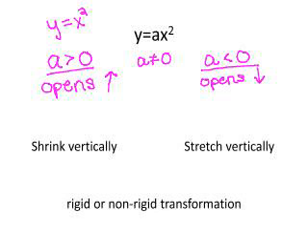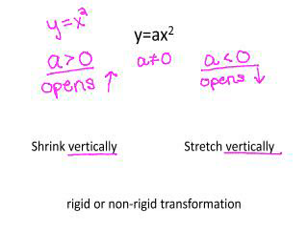With that value of the a, not only does it affect its opening, whether it's up or down, but also whether you're stretching or shrinking it, but it always has to deal with a vertical stretch or shrink when it's the a, the number in front of the x squared. So the x squared is your quadratic, because that's what makes that whole equation a quadratic. If we didn't have an x squared in there, and it was just an x and a constant, then we're back to a linear function.